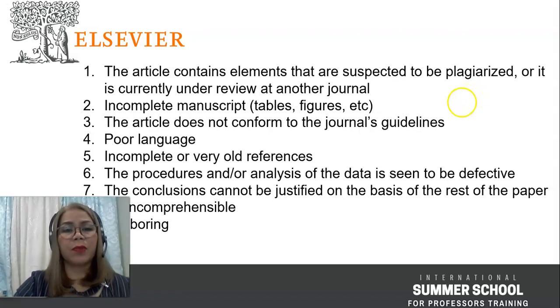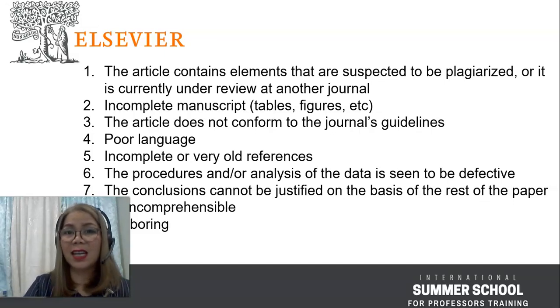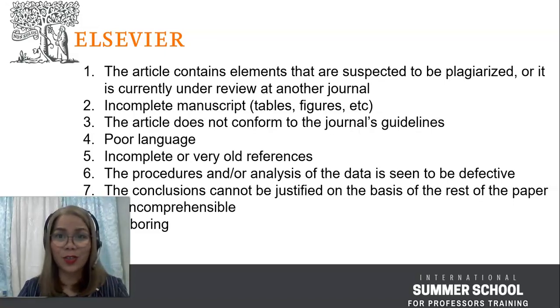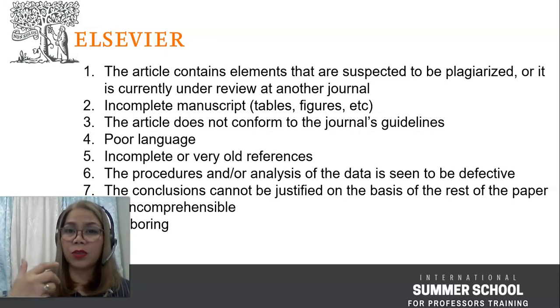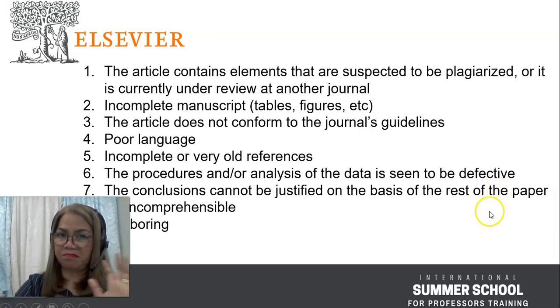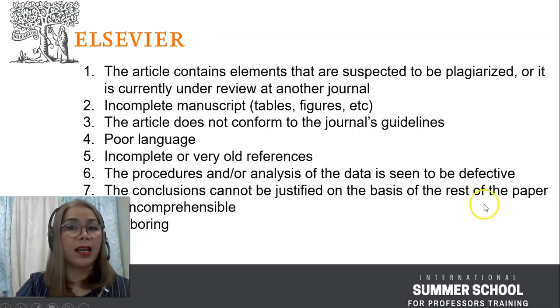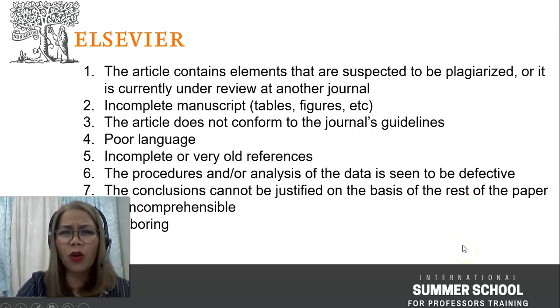According to Elsevier, our articles may contain elements that are suspected to be plagiarized, or the article is currently under review at another journal. It is a big no-no to submit your article to different journals at the same time. Or our manuscript is incomplete; of course, who will receive this kind of article? Or the article does not conform to the journal's guidelines. It uses poor language.